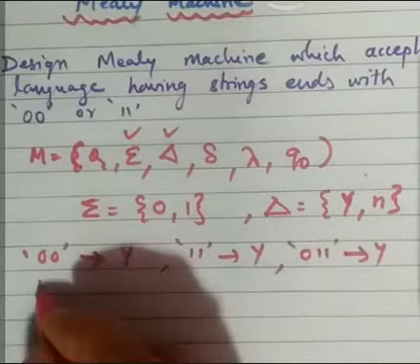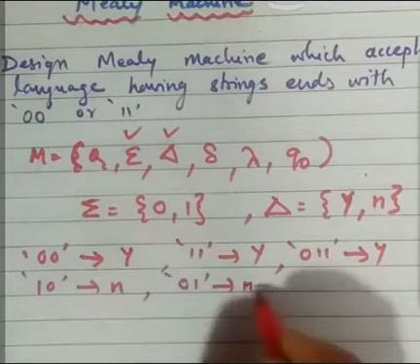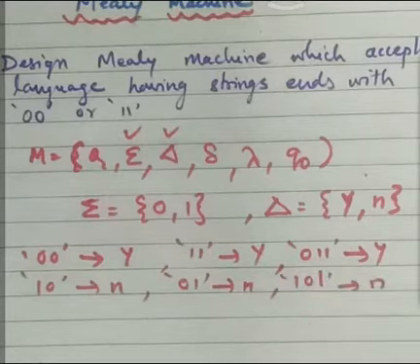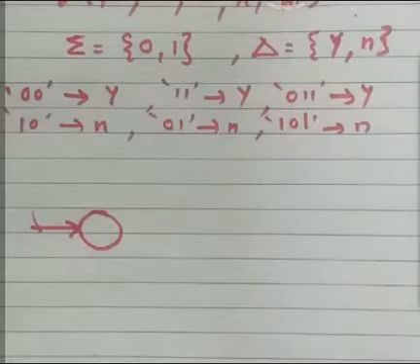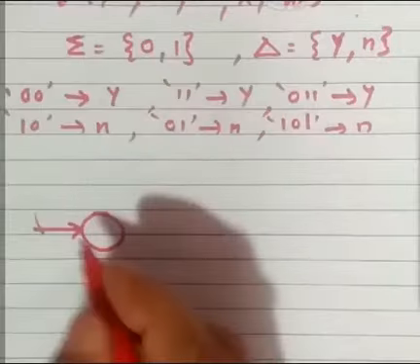But if I have input something like this, then it should give me no. Then 101, then also I should get no. Okay. So I can make here one initial state. The same diagram can be useful to design the finite automata. Now I can use any names for the states, but I'm using the names as shown in the book. But it is not necessary that you use the same names.